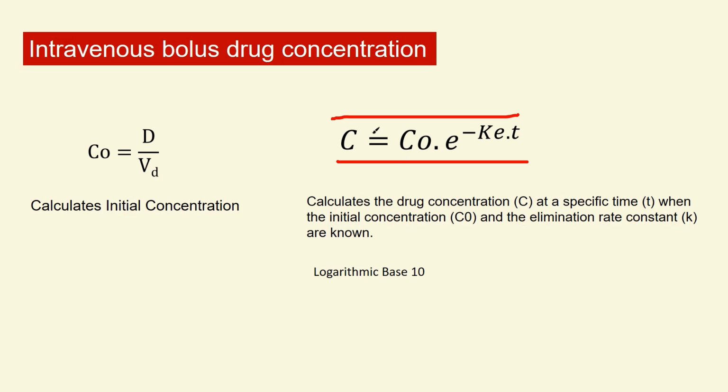So if you are given an elimination rate constant, the time, and the initial drug concentration, then you can calculate the drug concentration at that particular time, like after infusing the drug for a certain time, how much drug is present in the blood. If you want to calculate that, this is the go-to formula.